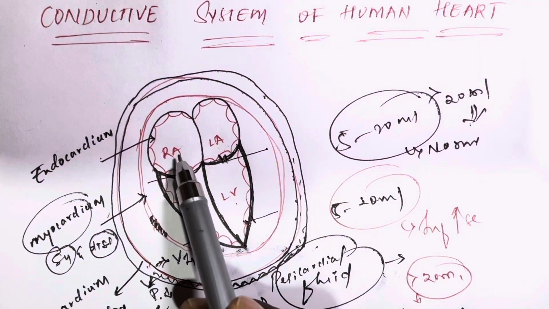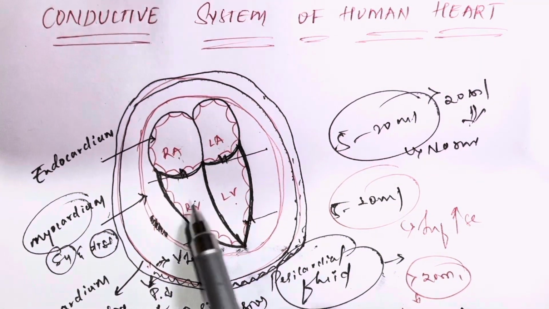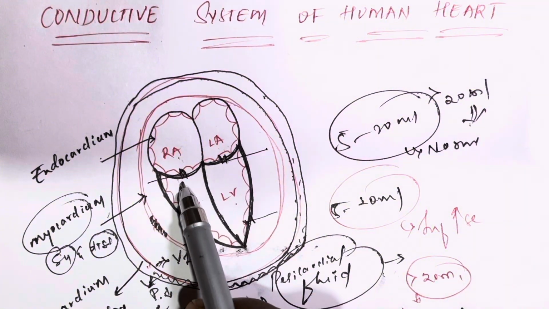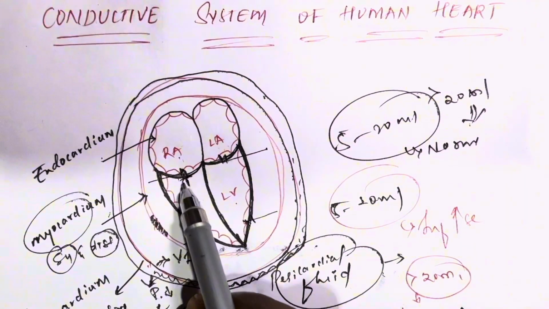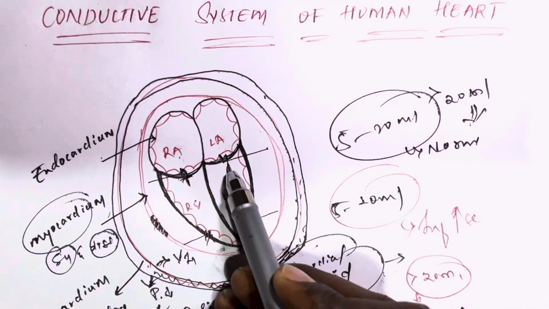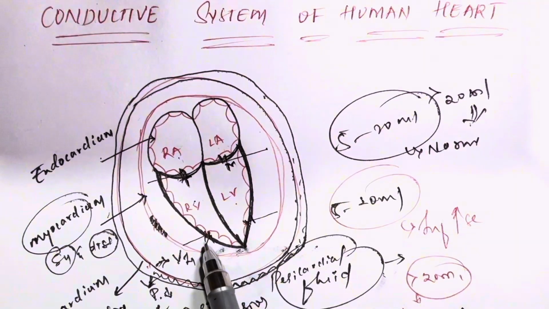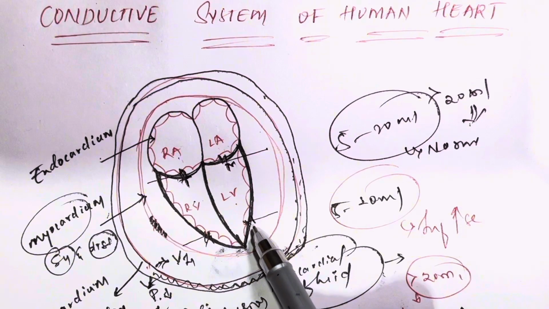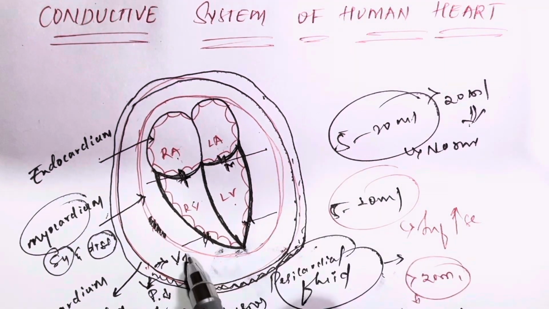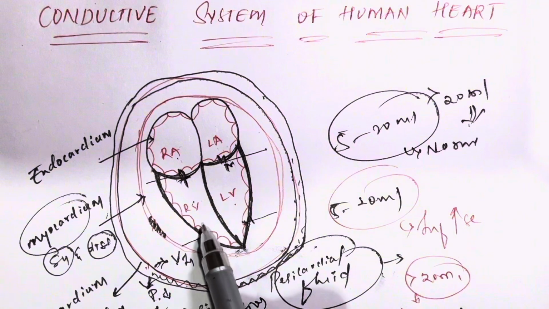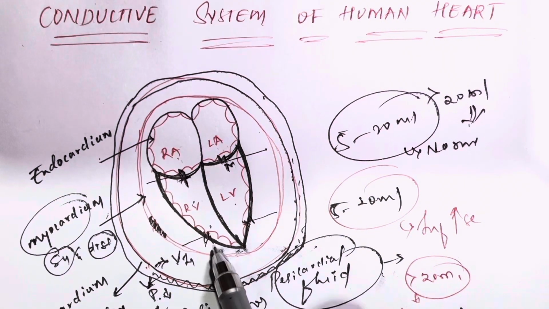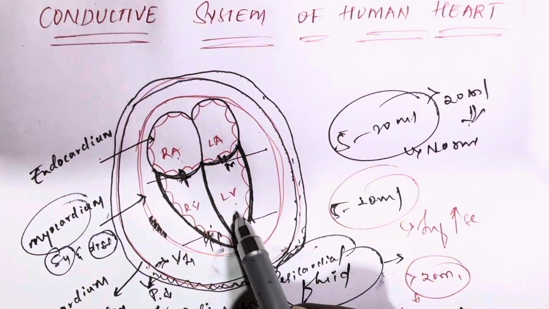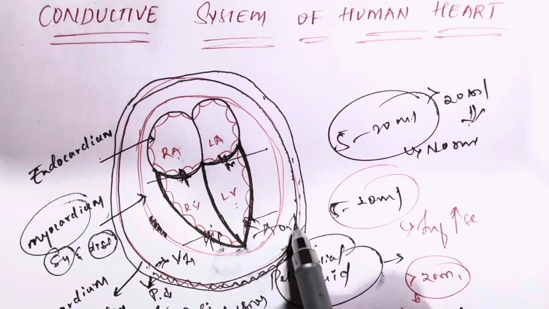It is in between the atrium and ventricle. The right AV valve is also known as the tricuspid valve, and the left AV valve is known as the mitral valve. Here the pulmonary artery arises, and here the aorta arises. The right semilunar valve is from the right ventricle to the pulmonary artery, and the left is from the left ventricle to the aorta.